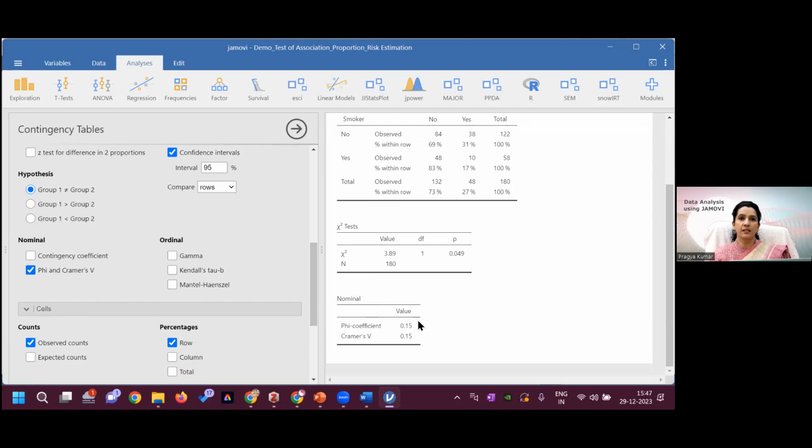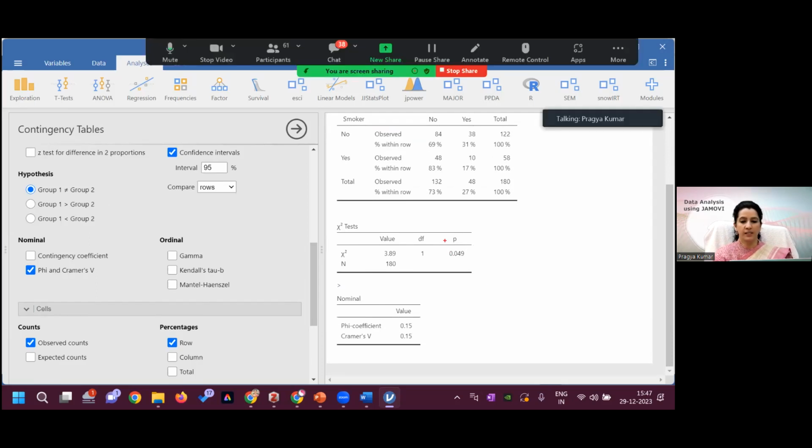So you can say that this is a moderate effect size, and you will click this only when the P value is significant. Only when this is significant can you comment upon the effect size.